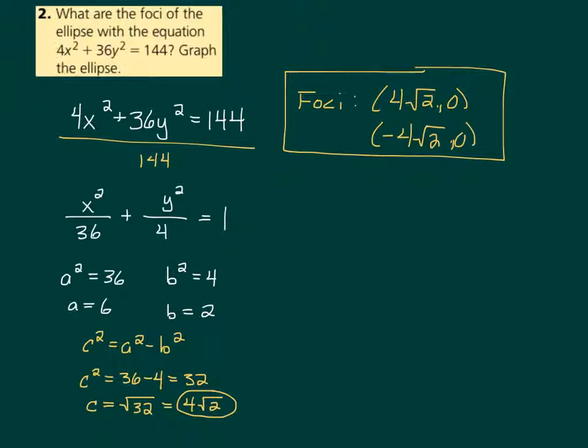How do I know it's a horizontal ellipse? Because in the standard form, x has the larger denominator. And whichever one has the larger denominator, that is the orientation for the ellipse. So then we want to graph this. 1, 2, 3, 4, 5, 6. 1, 2.